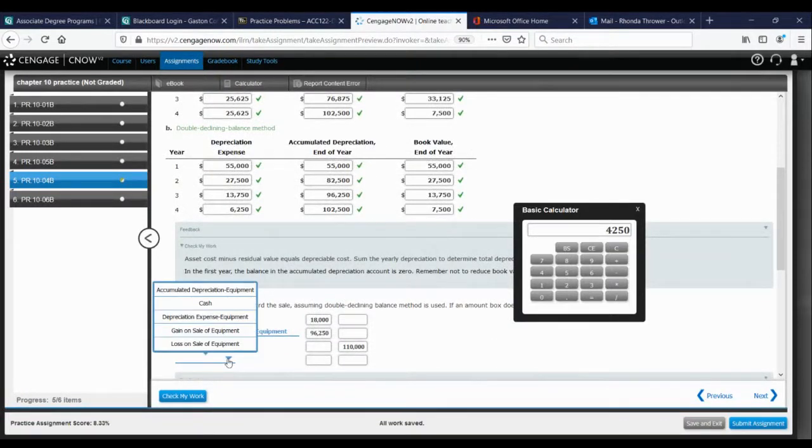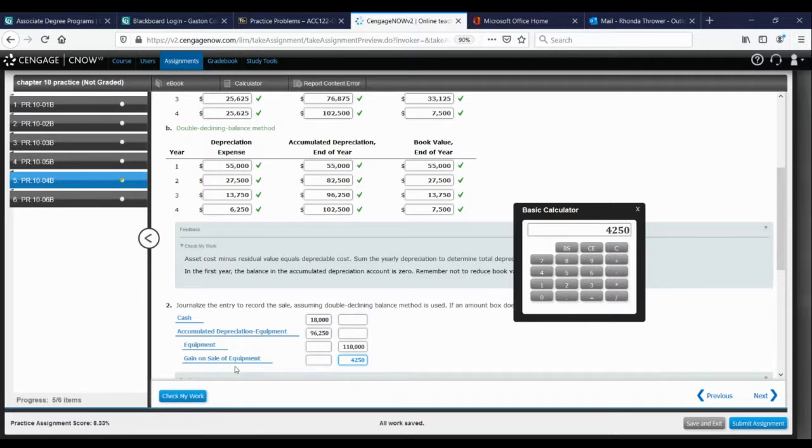So we would record this as a gain on the sale of equipment. Gains are increased on the credit side because they are considered to be other income, and that other income would be reported on the income statement.